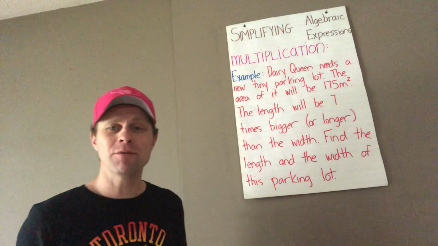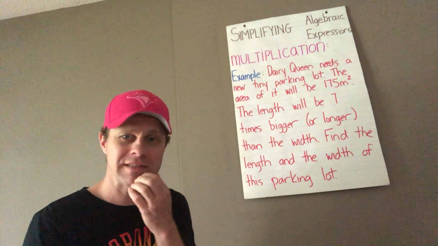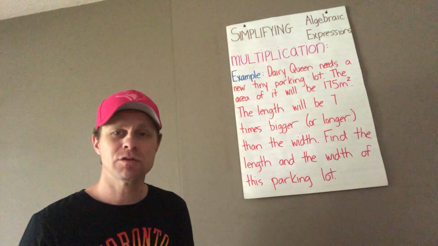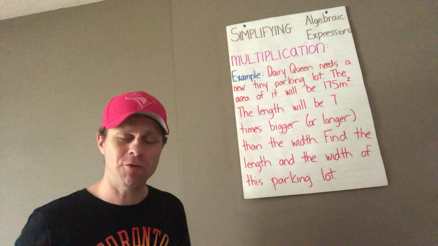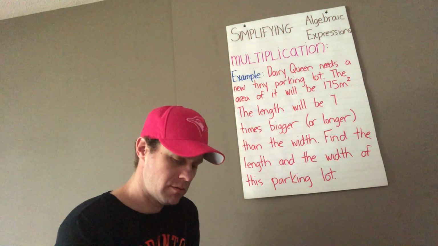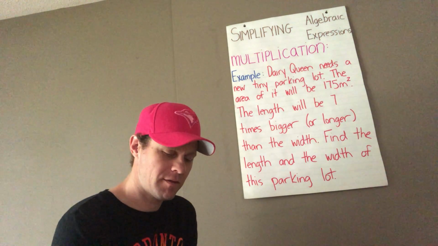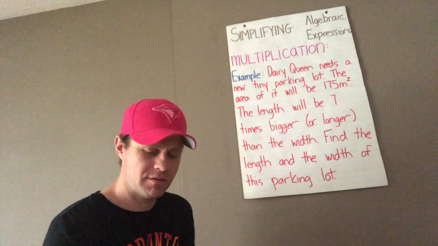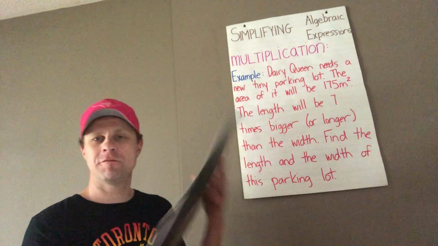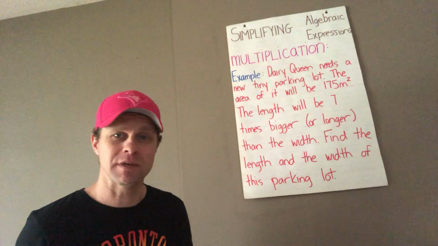Okay, so I'm going to work through this on a whiteboard and hold it up after every step. So we know that the formula for area is what? Length times width. First step, area equals length times width.